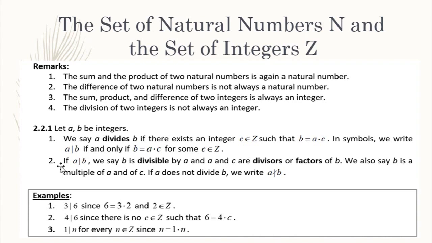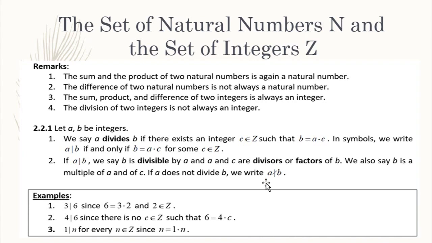Next, if A divides B, we say B is divisible by A, and A and C are divisors or factors of B. We also say B is a multiple of A and of C. If A does not divide B, we write A does not divide B.